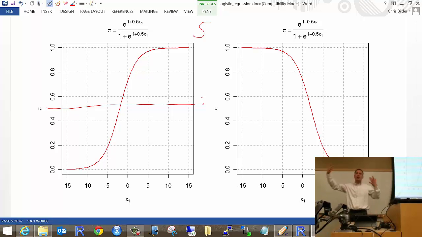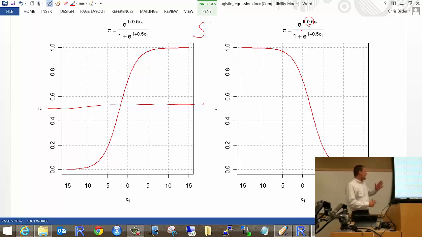Just a characteristic of this kind of statistical model. We can also see if I let beta 1 be negative, look what happens. Now the curve is going down. So as x is increasing, the probability of success, or the probability you're in the y equal 1 population, goes down.